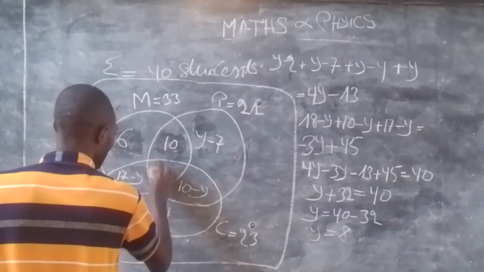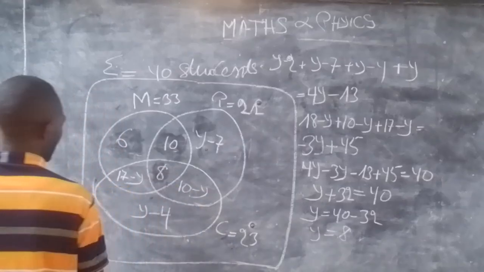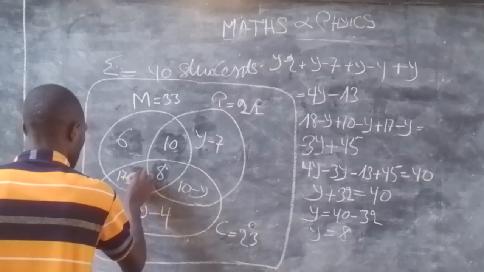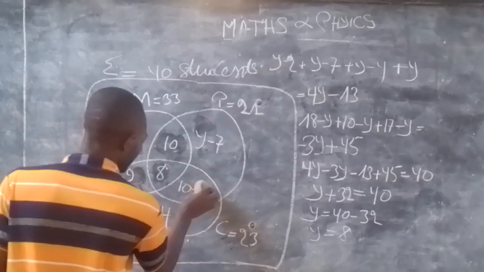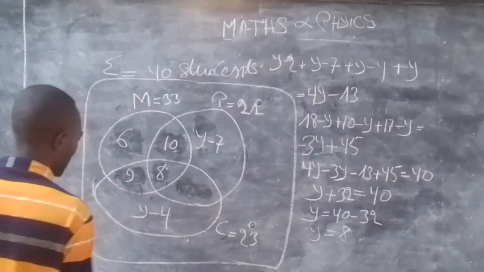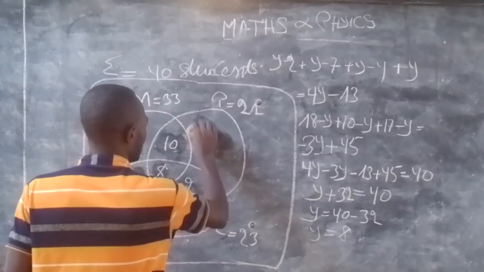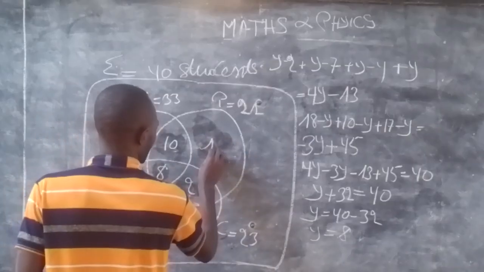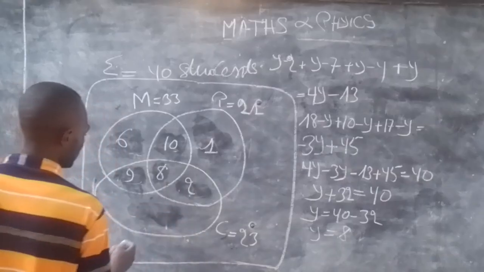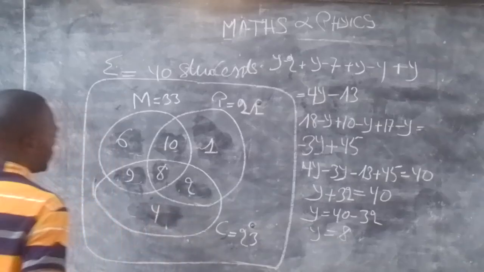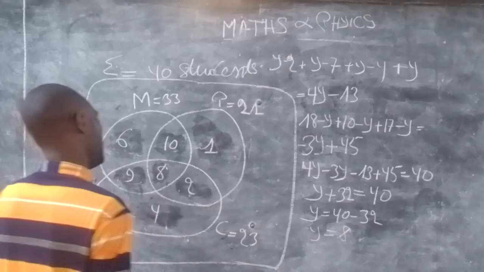Here we will have 8. Here we will have 9. Here we will have 2, and also here we have 1. The last 3, here we have 4, according to what we found in our equation.